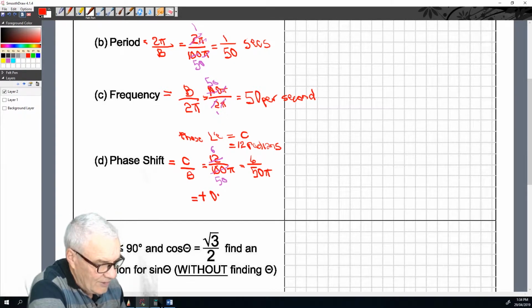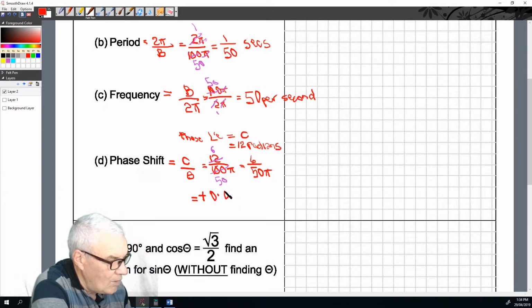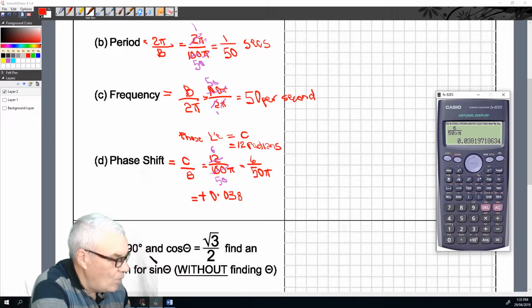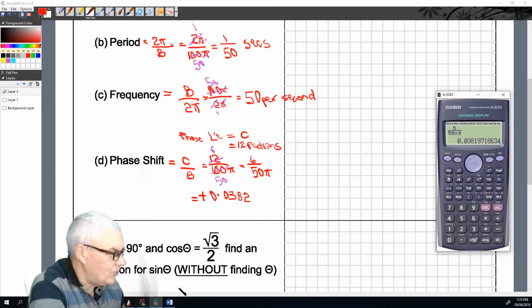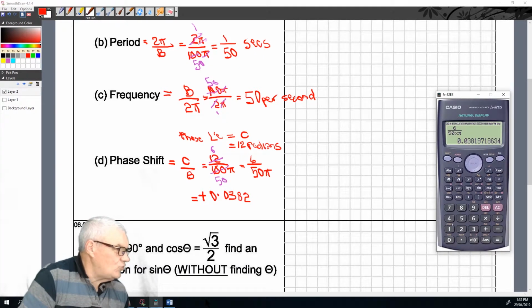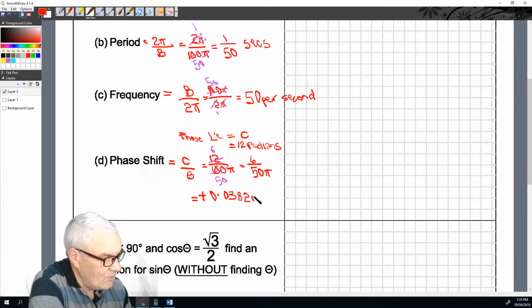We'll bring our calculator back up, and 6.0382 radians.